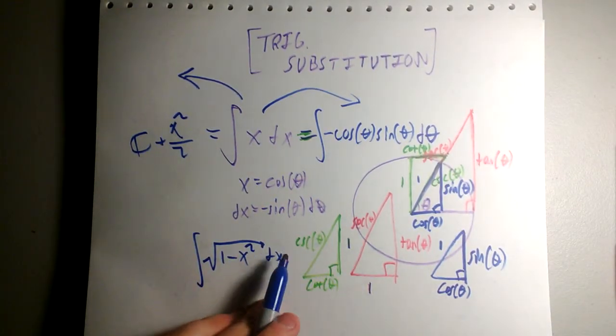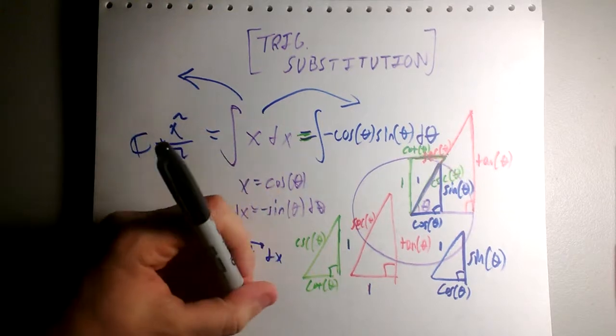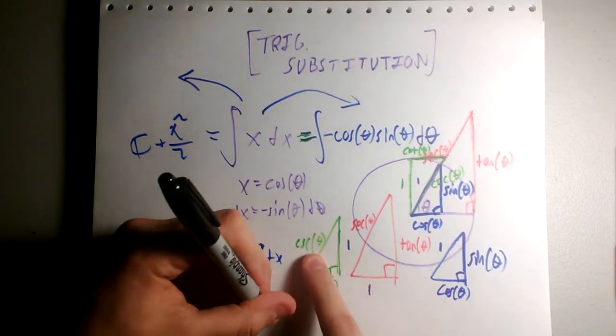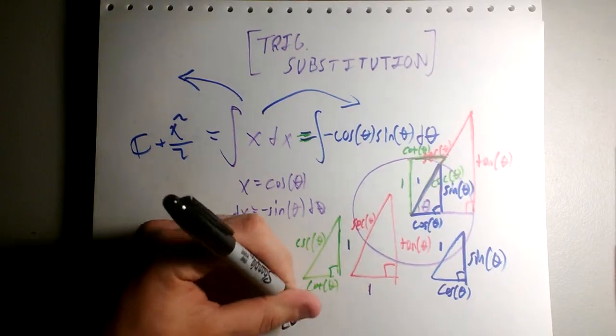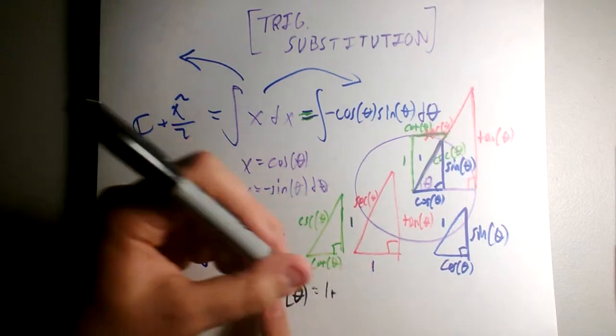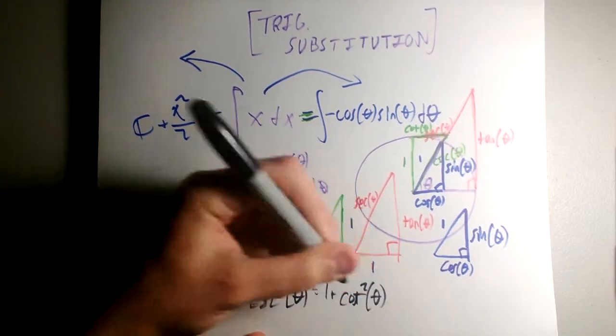So just using the Pythagorean theorem, we can write these formulas, all right? So cosecant squared theta is equal to 1 plus cotangent squared theta. And so that is one case.